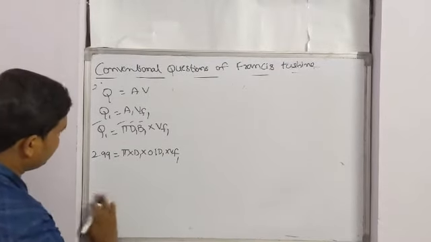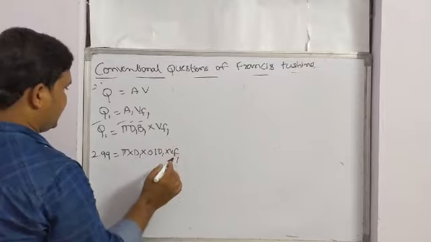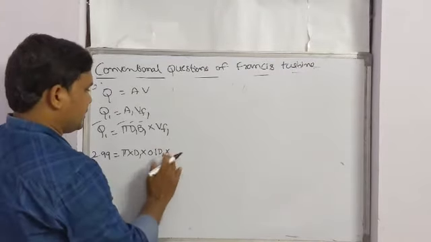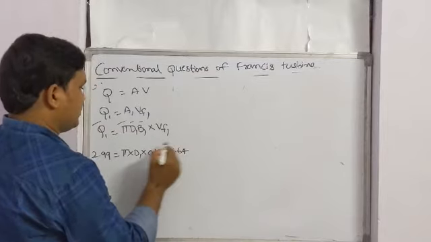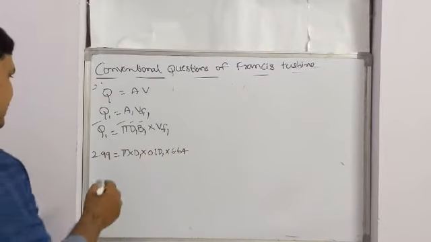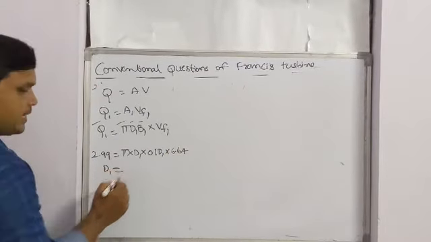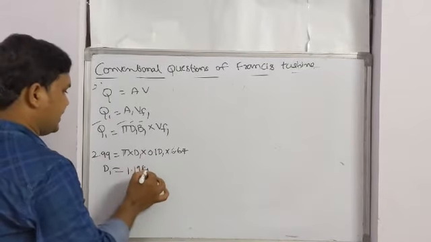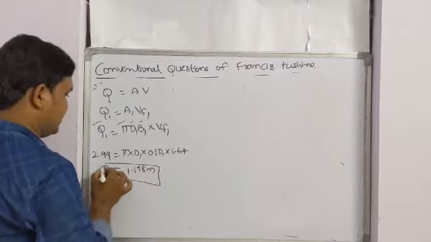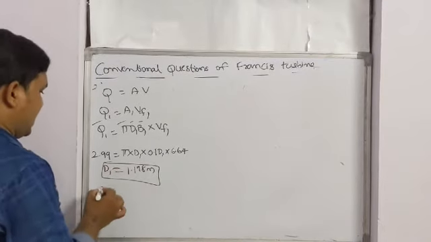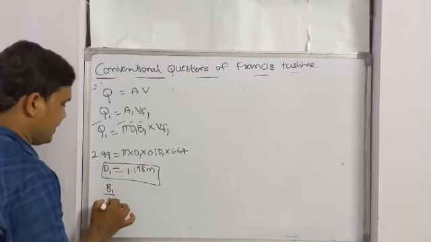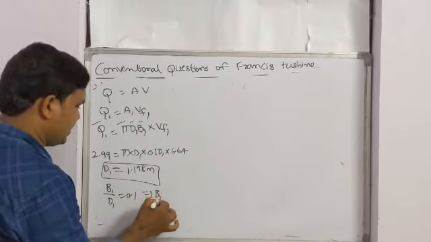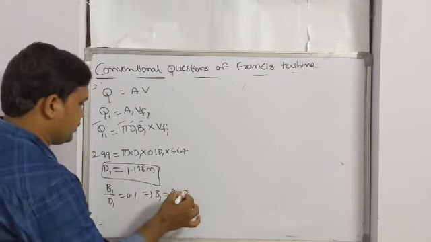Vf1 we got as around 6.64. In the total equation, d1 is unknown, and we got d1 as 1.198 meters. Then we already know the relation b1 by d1 is 0.1, so b1 is equal to d1 into 0.1.